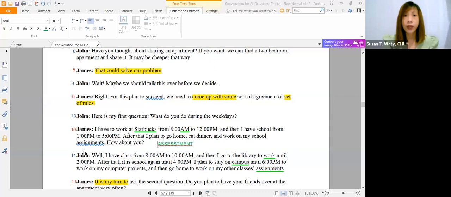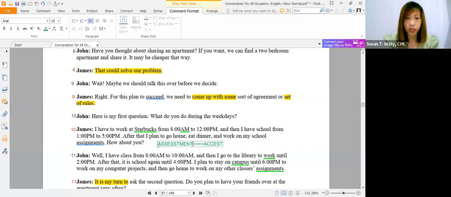Nah, and then assessment ini a noun also, and then the verb is assess. Okay, the verb is going to be this. Assess, different. Now assessment here is like the evaluation or the estimation.